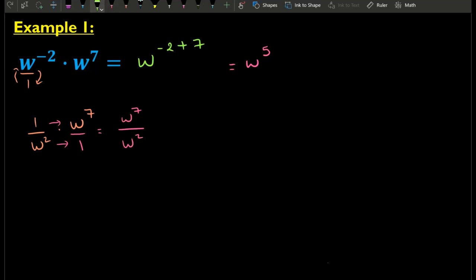Because it's a quotient, we subtract the powers. 7 minus 2 is w to the 5th power. So you can go either way. As long as you use the rules correctly, you should get the same answer.